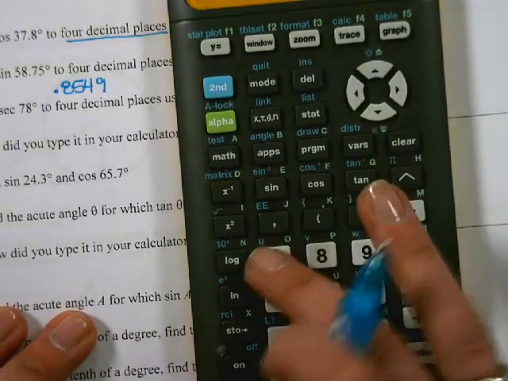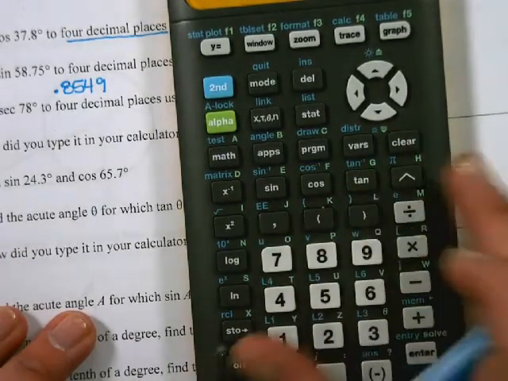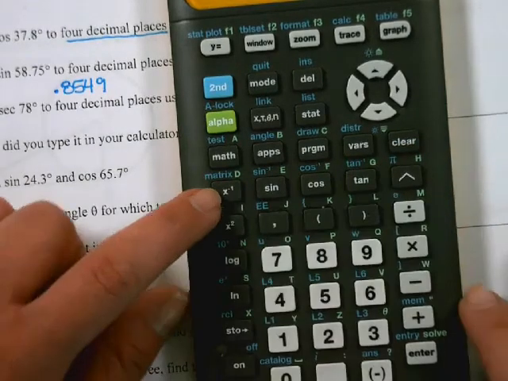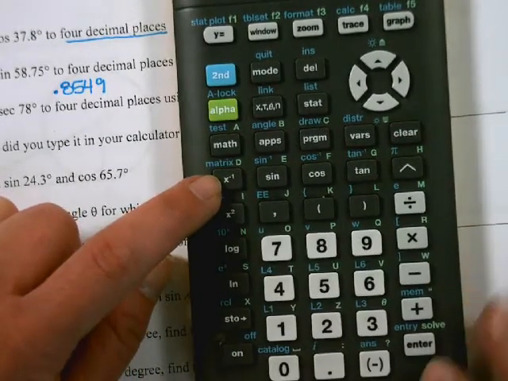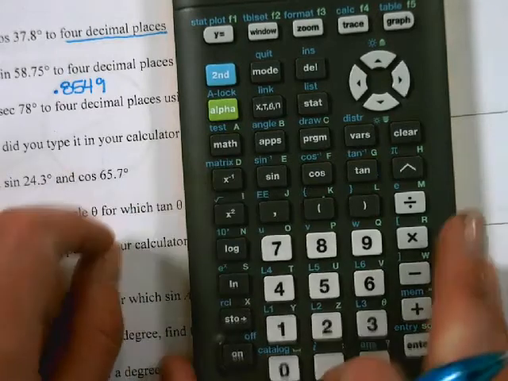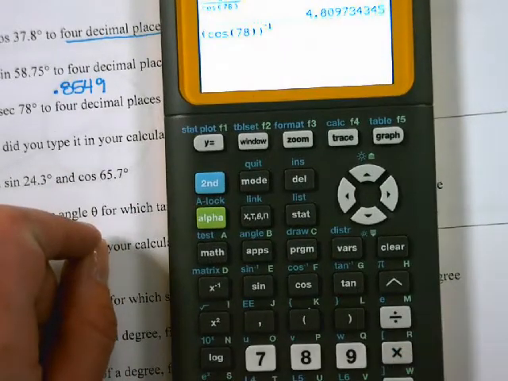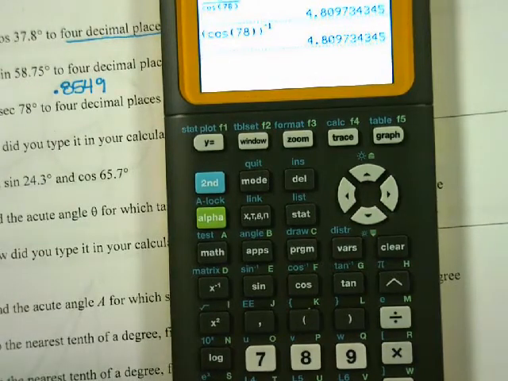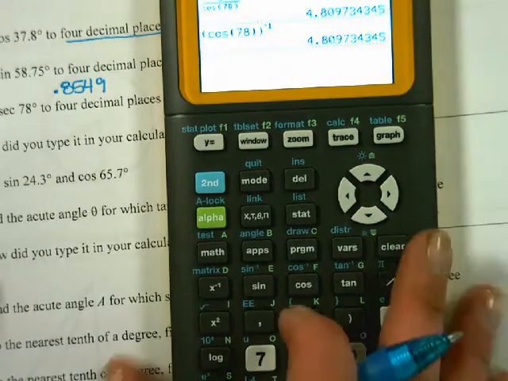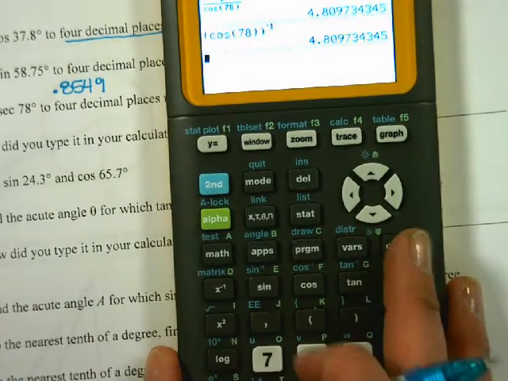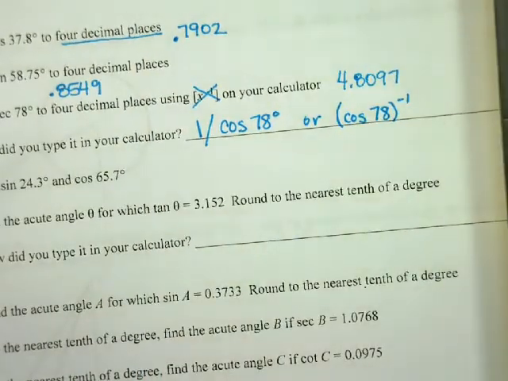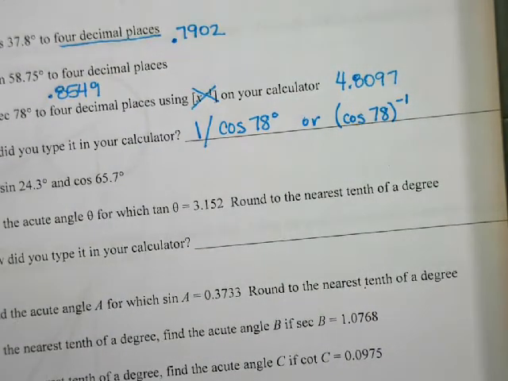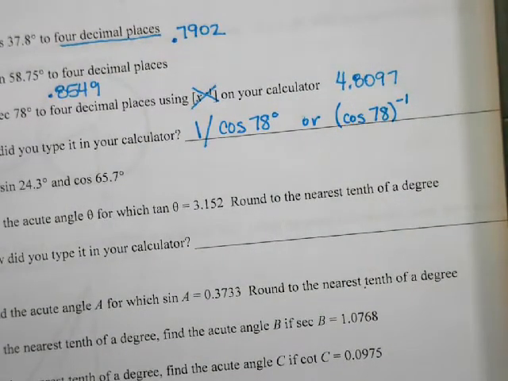So if I do the cosine of 78 degrees raised to the negative 1 exponent, you do have a negative 1, it's just to the left of sine. Notice it's the same. Okay? So you get to decide how to do it. All right. Questions on that?